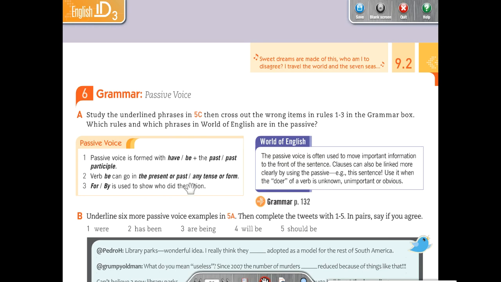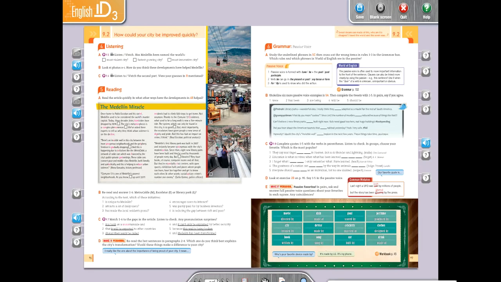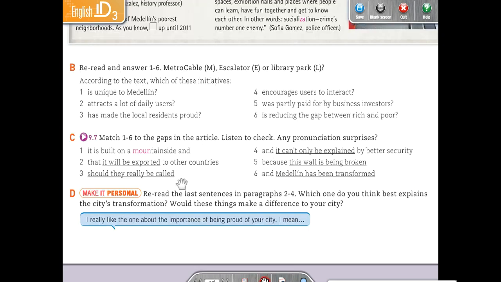Well, we are going to come back to the previous page, and we are going to begin. Remember, it is built on a mountainside, and we have underlined it is built. Tell me, is this passive or not passive? Remember the rules, we have already seen it.